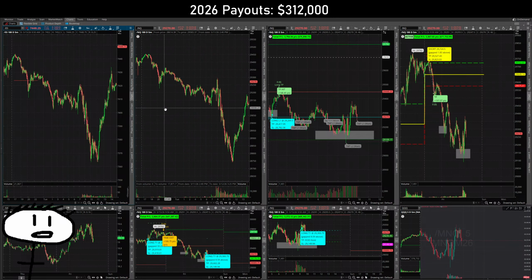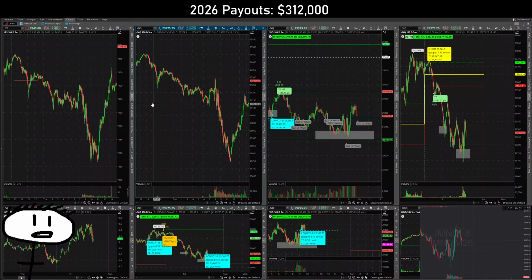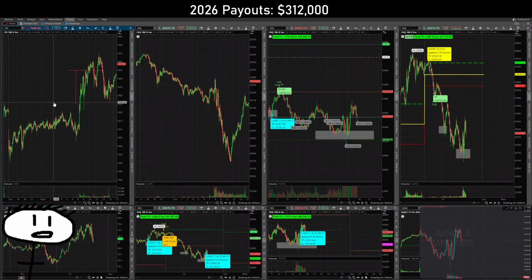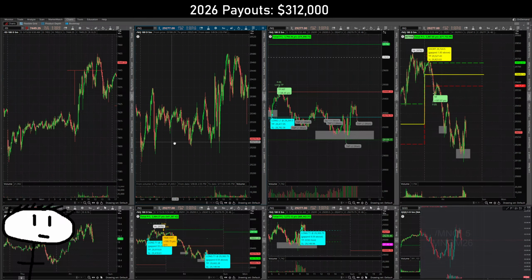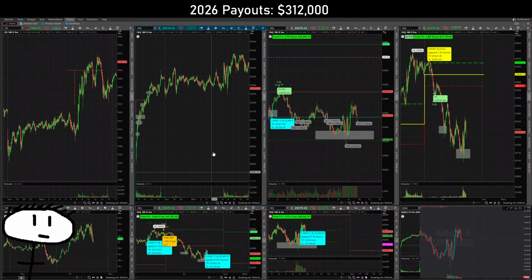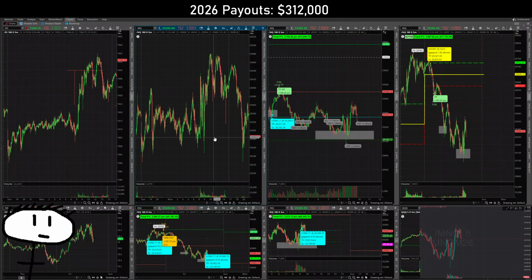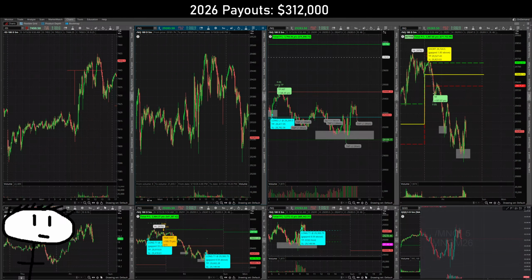Should I be thinking about swing lows and swing highs? Is that it? Should I be entering on a support line? Oh God.